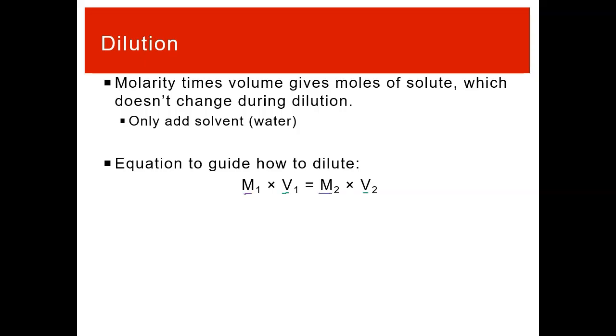Basically you have your state 1, your concentrated initial solution, and then your state 2, which is your larger volume diluted solution, so lower concentration. We use the subscripts 1 and 2 to denote that it is either pre or post dilution.